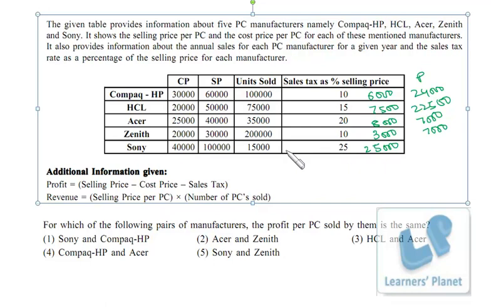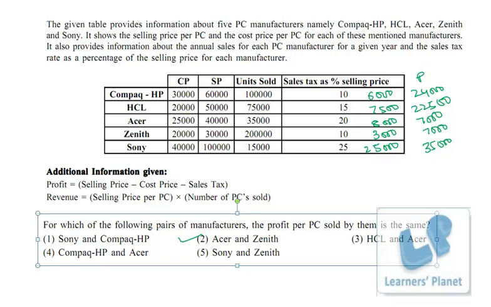Then 1 lakh minus 65,000, so that is 35,000. So for which of the following pairs is the profit per PC the same? That is the same for Acer and Zenith. Okay, pretty simple.